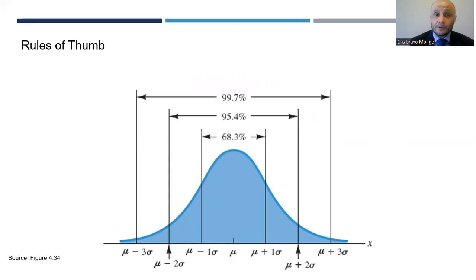Between the mean minus two standard deviations or plus two standard deviations, we're going to find 95% of the data. And 98% of the data is going to be within the mean and three standard deviations to the left or three standard deviations to the right. If we're looking for outliers, they're going to fall outside of these ranges.